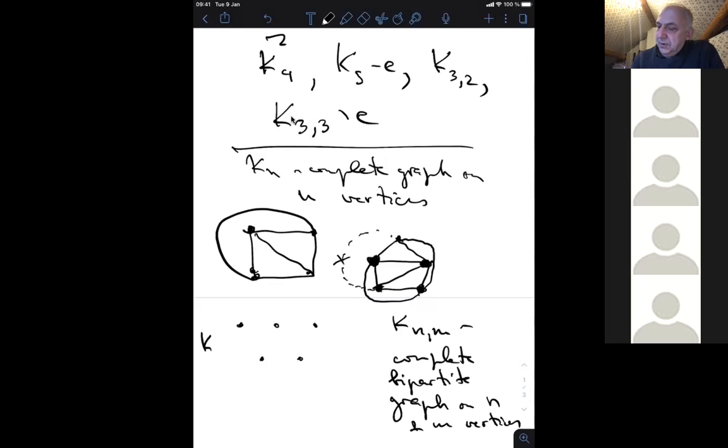K32 can be realized as a planar graph. Let's draw all we can in an easy way. So we can draw this thing. And now we have to connect these two vertices in the first group with the remaining vertex in the second group, and we can do it like this and like that.